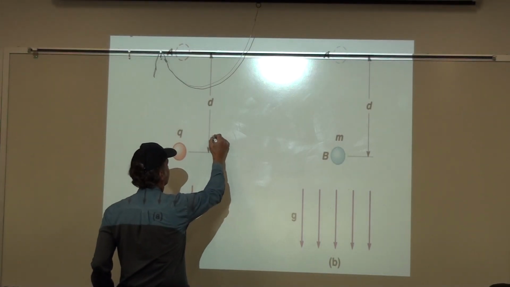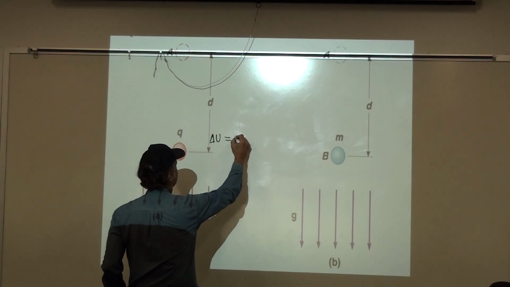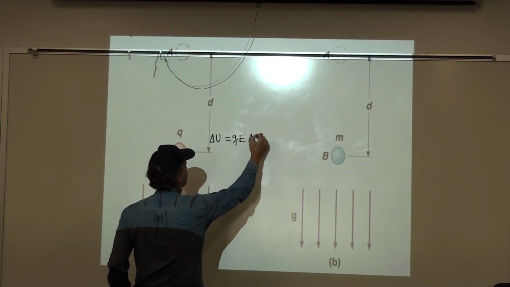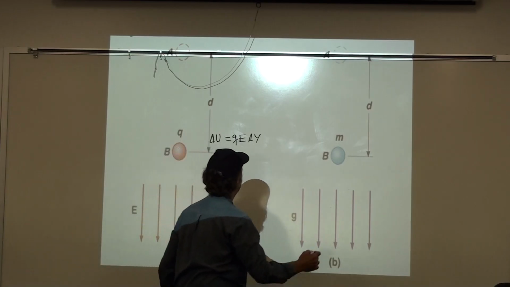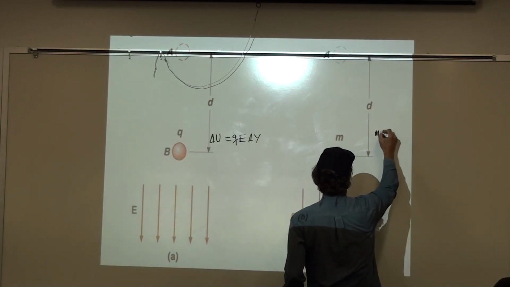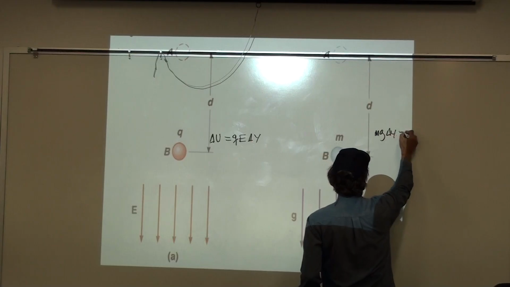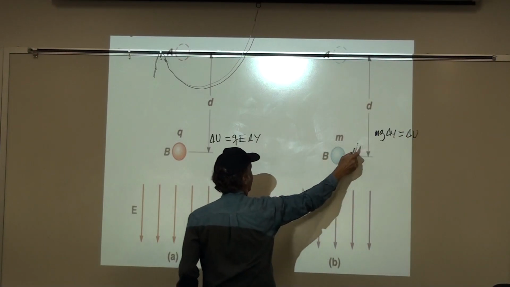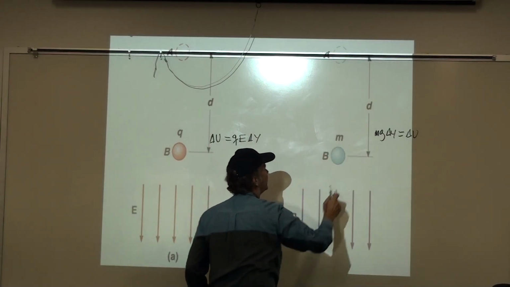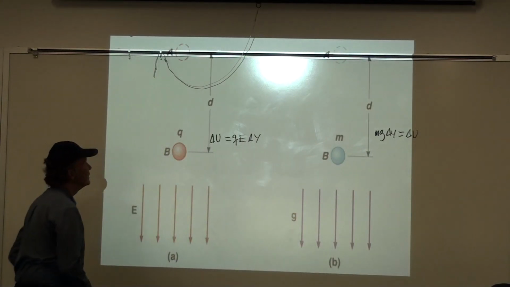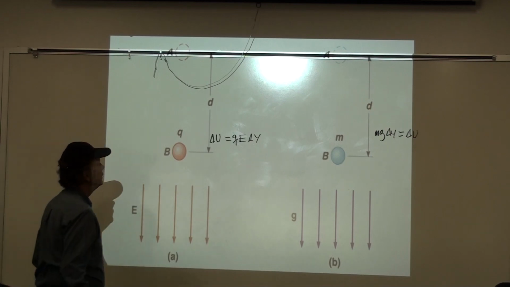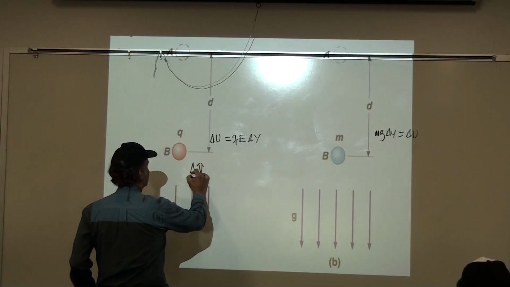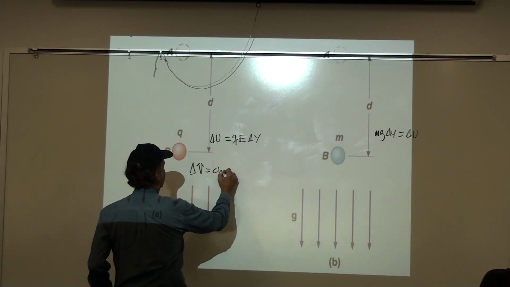So here the potential energy change would be equal to force, QE, times distance, delta Y. And in this case, it would be mg times delta y, would be your delta U. So if Q is replaced by m and E is replaced by g, we have very similar relationships, and we have what's called the electric potential V. This is actually a delta V. This is the change in electric potential.